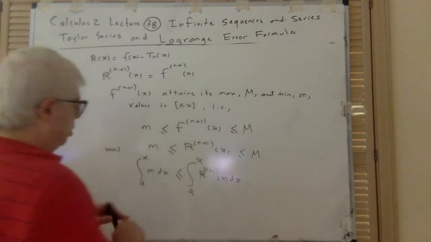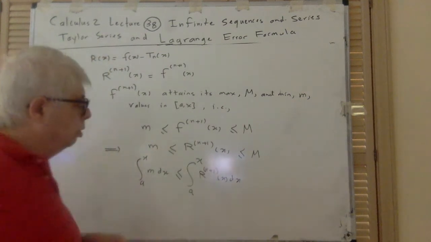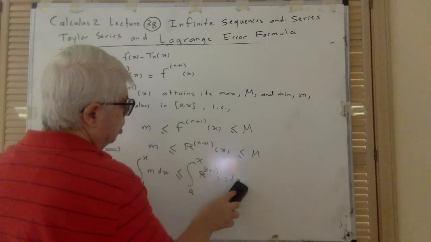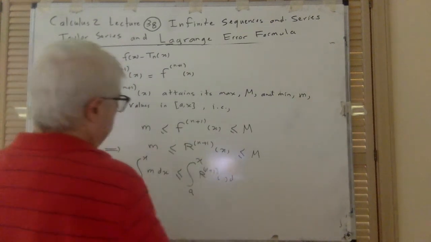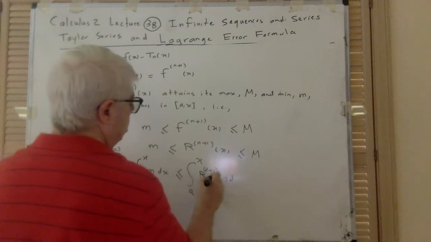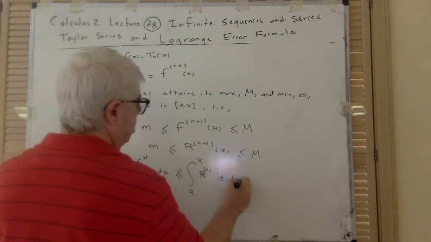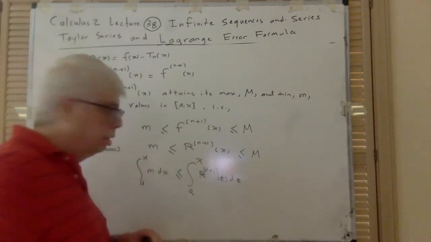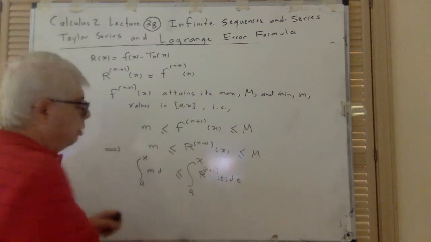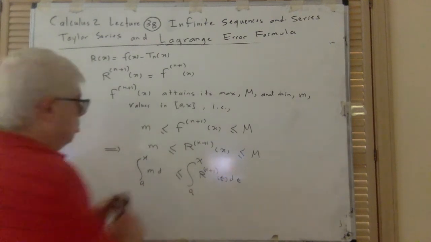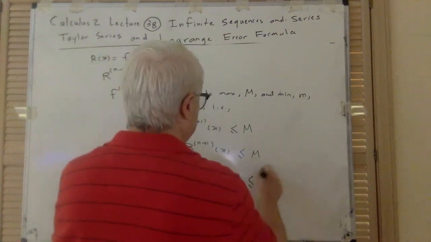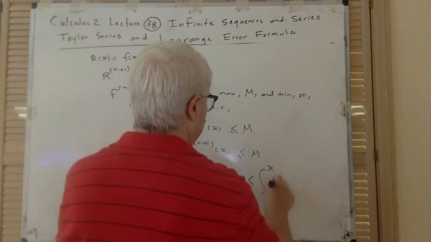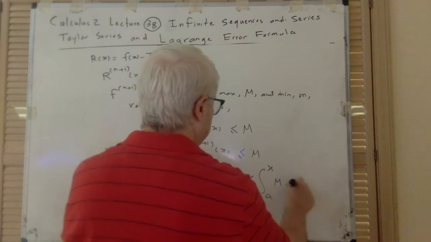Well, let's write t here, since I'm using x as a limit, so let's use t dt, right? It doesn't make any difference. In fact, that's a dummy variable, but some people might get confused. And this one from a to x, M dt.